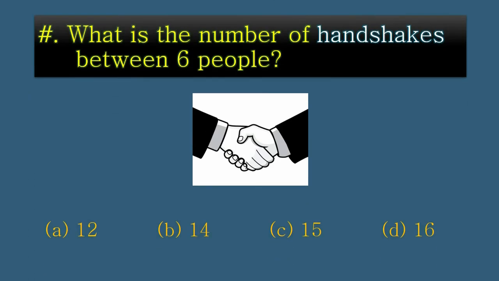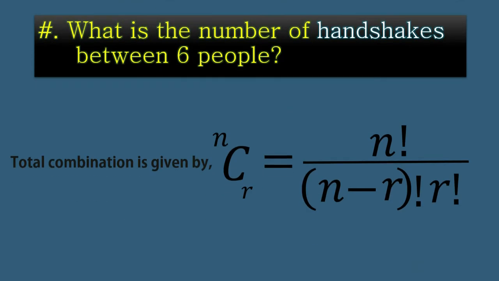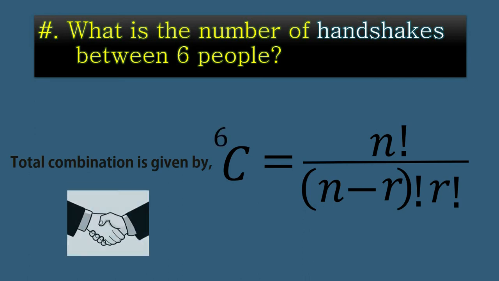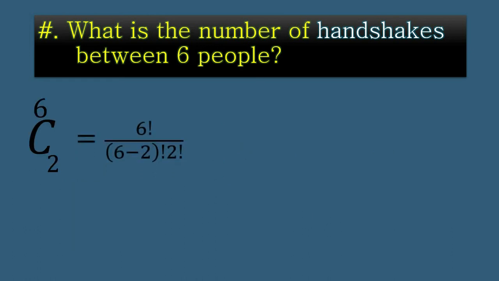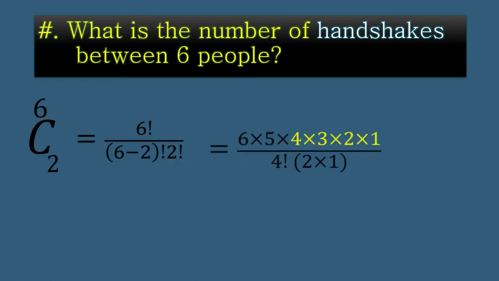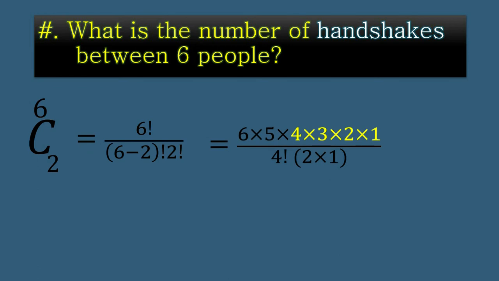Now let's use the combination formula to find the number of handshakes between 6 people. 6 people means the value of n in the combination is 6 and the value of R is equal to 2, because to have a handshake we need 2 people. Let's put 6 in place of n and 2 in place of R. Then we have 6 factorial divided by 6 minus 2 factorial times 2 factorial. 6 factorial is written as 6 times 5 times 4 times 3 times 2 times 1. 6 minus 2 factorial is 4 factorial.